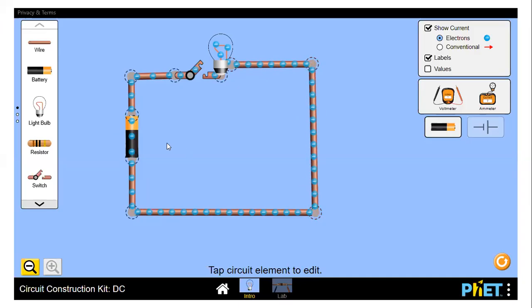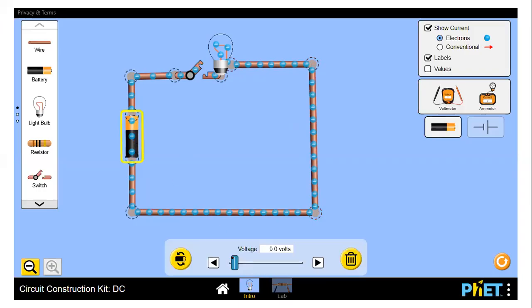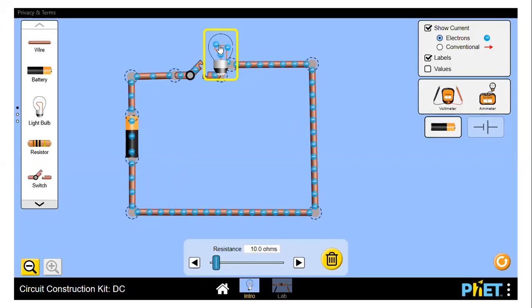So how much is the battery voltage? It is 9 volt. Let us make it 100 volt, right? So the battery voltage is 100 volt. How much is this resistance?